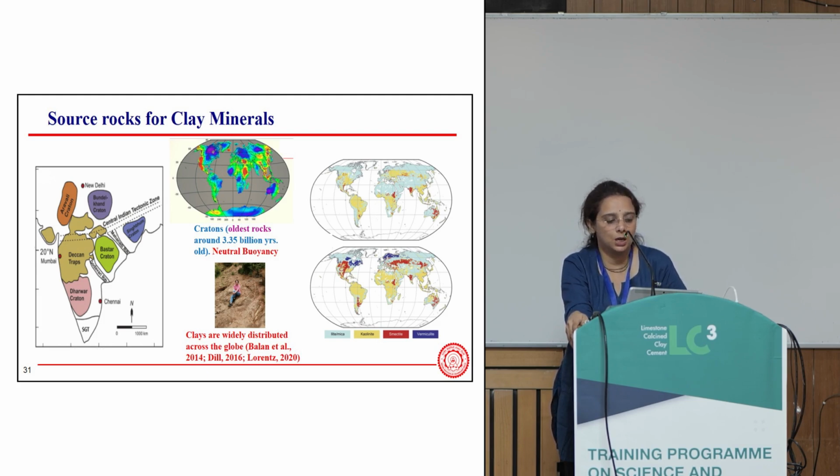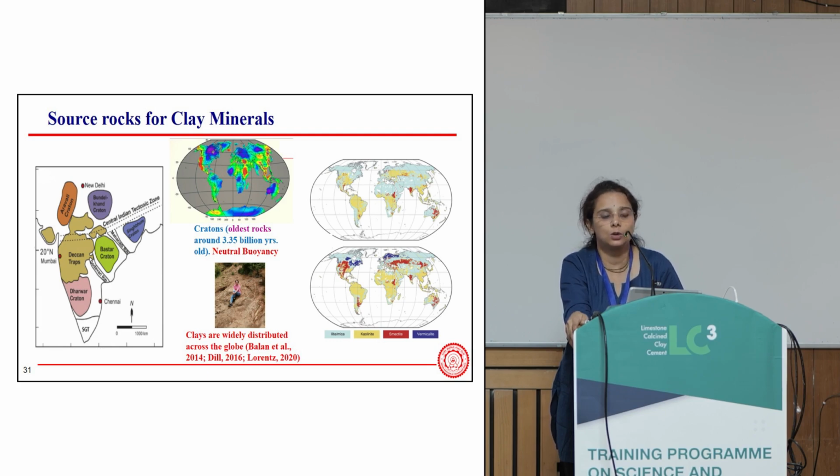So if we compare the cratons on the globe map of the world with the clay distribution along the world map, we can find that most of the clay minerals, smectite and kaolinite, are distributed along the cratonic belts of India. Of course, we have some clays from the fold belt of India, from the mountainous region of the Himalayas, but they are not as prominent when compared to the cratonic clay minerals. So, sticking to this concept, we have explored clay in the Indian subcontinent.